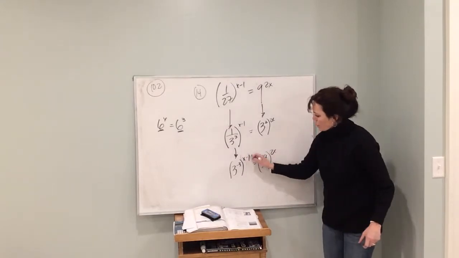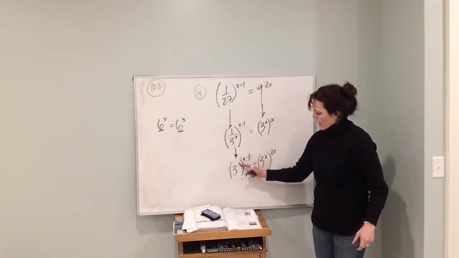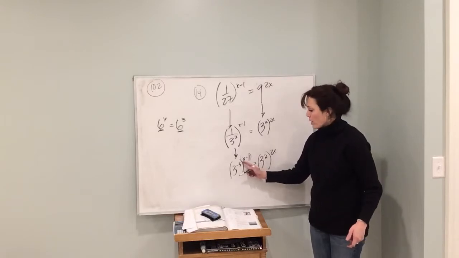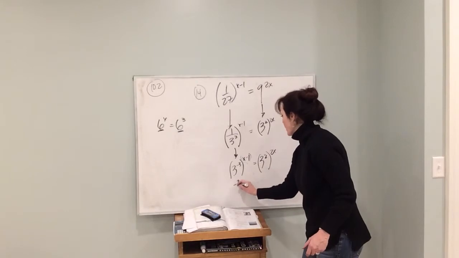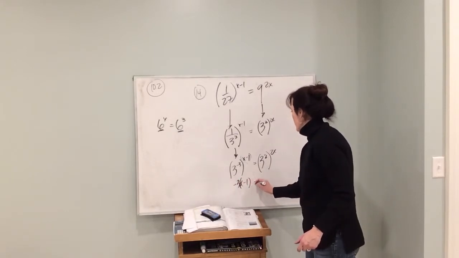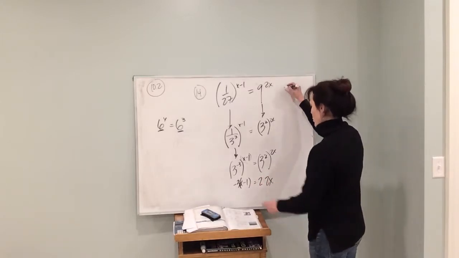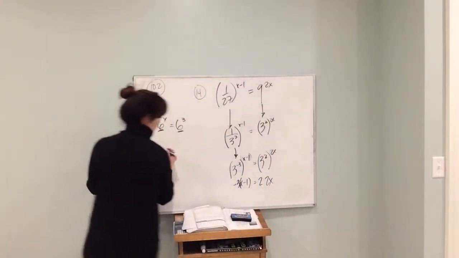Now, how do exponents act when it's a power to a power, when they're just touching like that? Do they add? No, they multiply. So these two things get multiplied, these two things get multiplied. This is going to be negative 3x. We could write it this way: negative 3x minus 1 equals 2 times 2x. So I'm going to go over here.